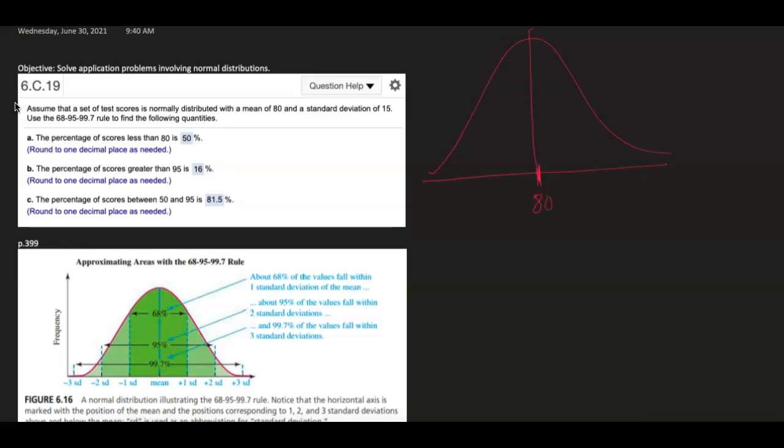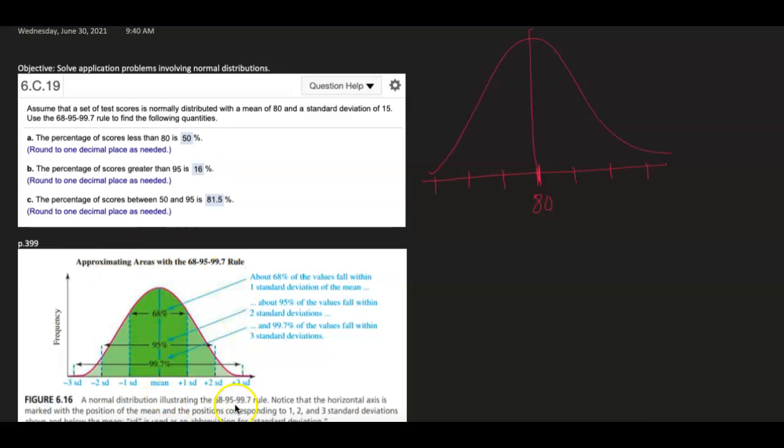And I also know that I contain most of the data, 99.7%, within 3 standard deviations. So I just eyeball 3 tick marks to the right and 3 tick marks to the left. It doesn't have to be perfect, but again, I'm just trying to mimic the image that I see here on page 399.